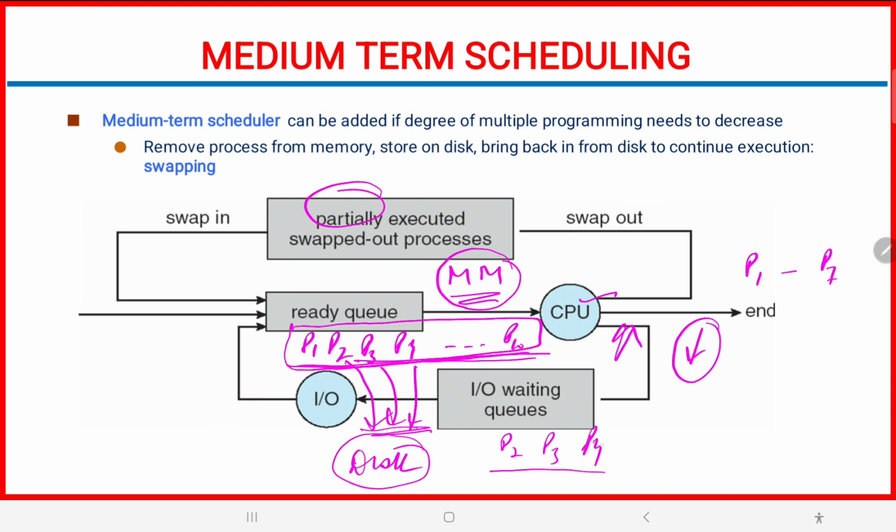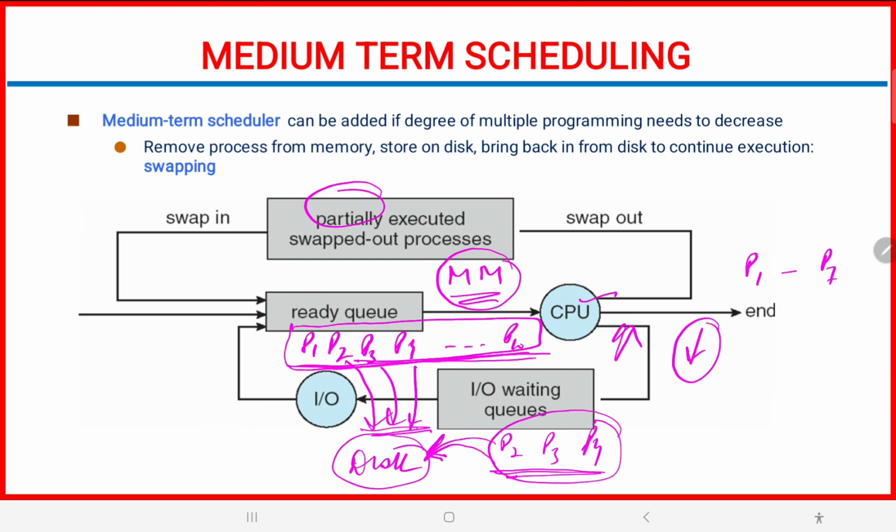So we are saving their state onto the disk. State means the point till which they have executed, whatever values they were having at that time, or whatever the situation was with regard to these processes at that time. That state is saved onto the disk.